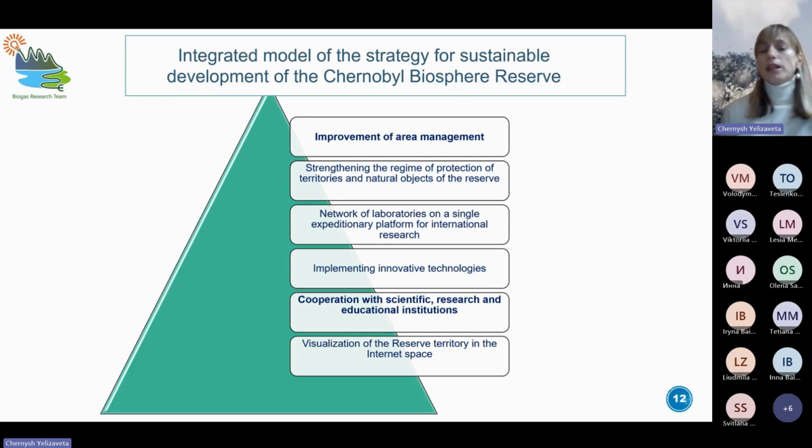It is integrated into one strategy of sustainable development of the Chernobyl biosphere reservation, with cooperation with researchers and education institutes, improving area management, and involving innovative technologies in international cooperation for sustainable development of this territory.